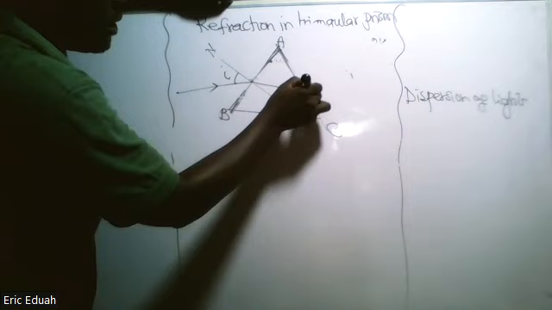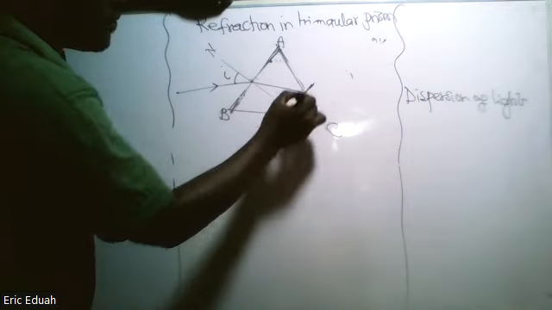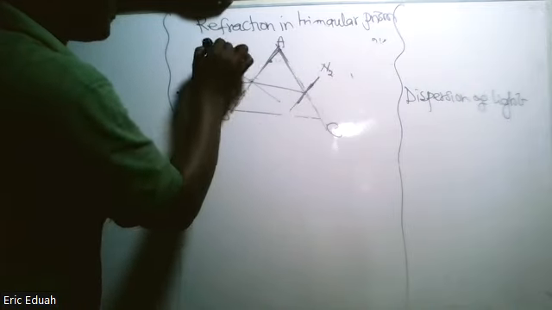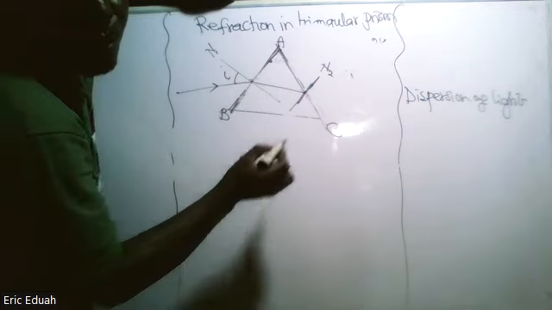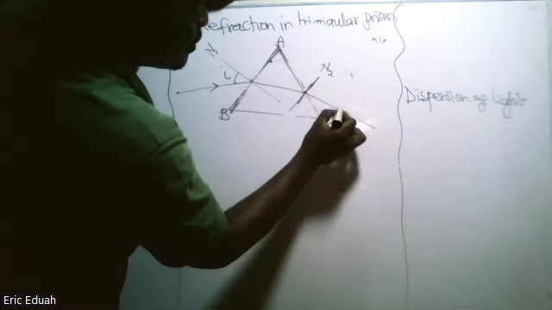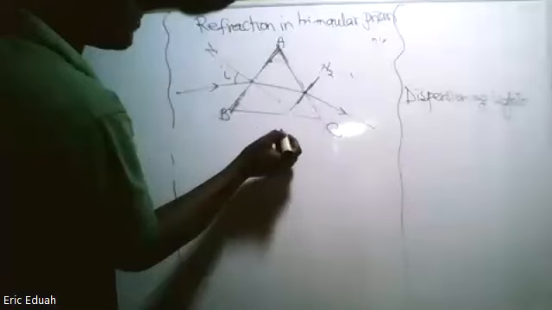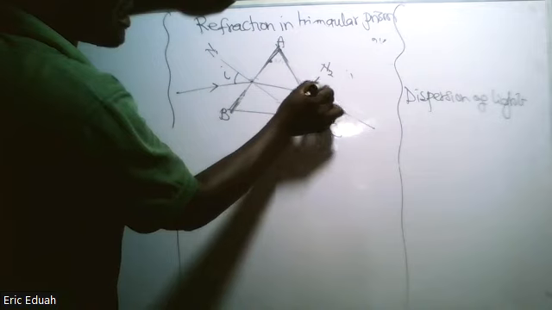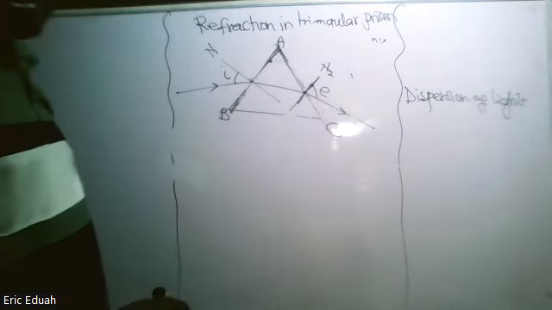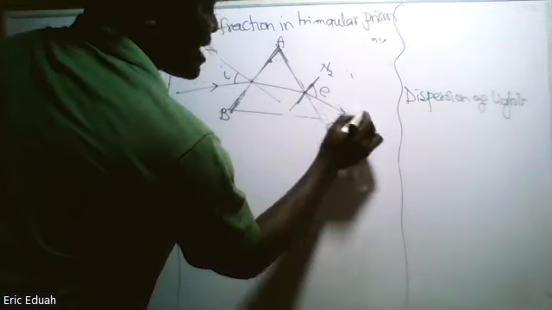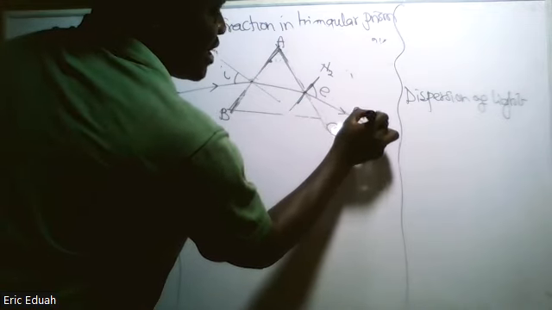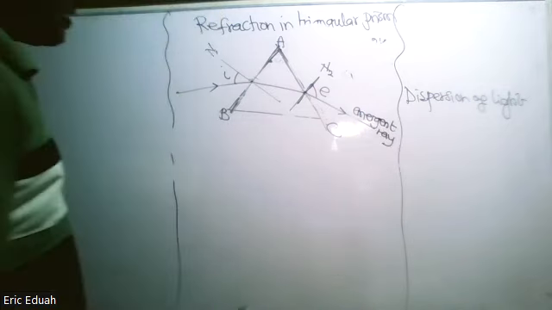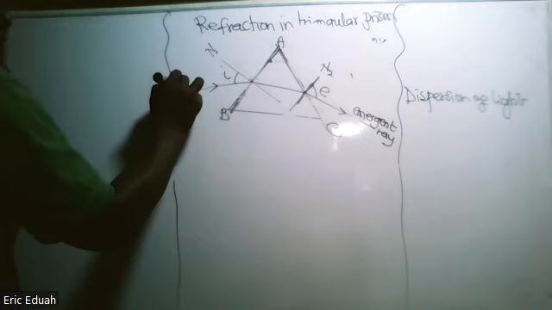Let's draw a normal. So this is N1, N2. Here, the deviation will be away from the normal. So this is the angle of incidence. We call this the angle of emergence. This we call the emergent ray, a ray that is emerging. This is the incident ray.